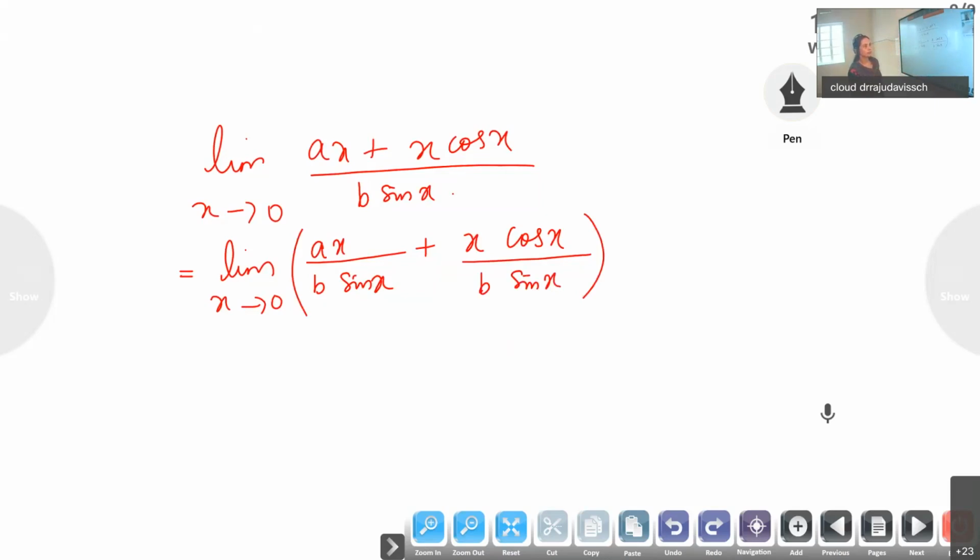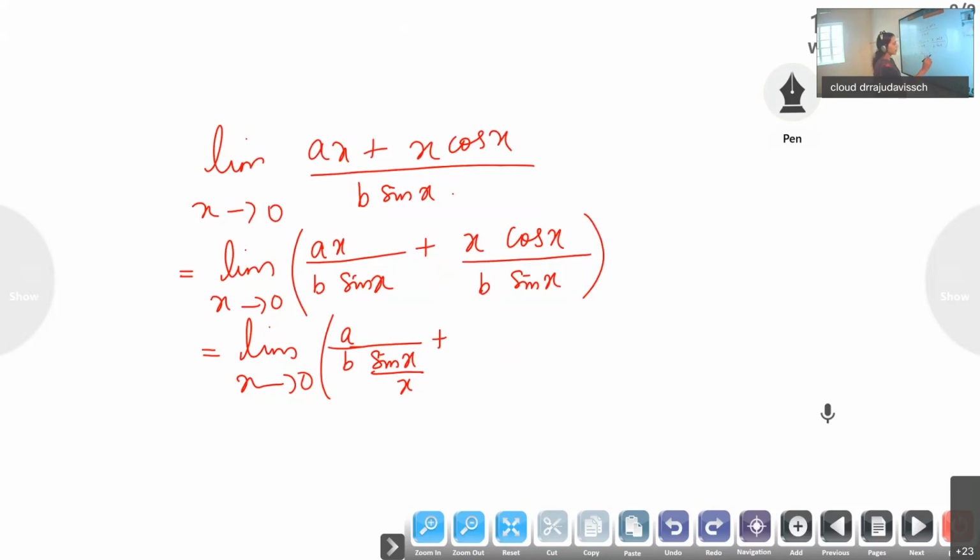So now this is same as limit x tending to 0, a by b into sin x by x. Is it correct? This x we can take to the denominator.